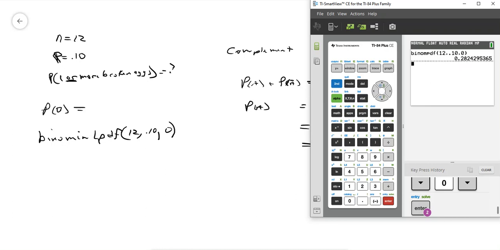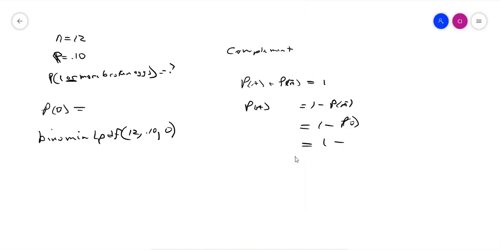So we're going to go back over here. 1 minus 0.28 equals, we're just going to subtract this, is going to be 0.72. Okay.